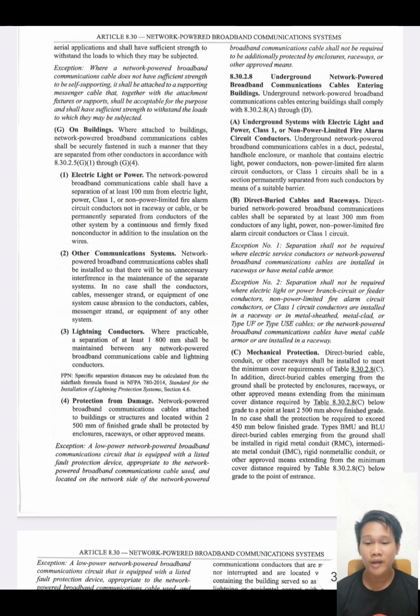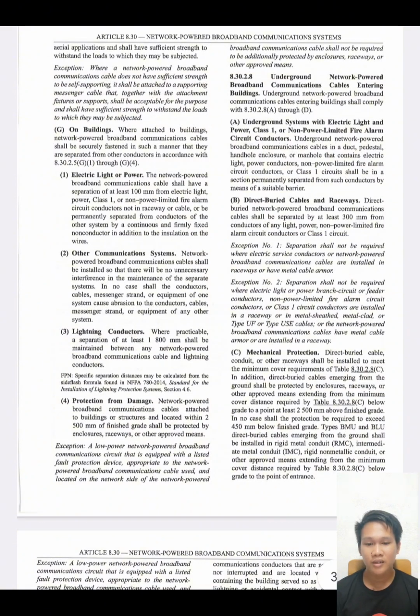So first, we have electric light or power. The network-powered broadband communication cable shall have a separation of at least 100 mm from electric light, power, Class 1, or non-power limited fire alarm circuit conductors not in raceway or cable, or be permanently separated from conductors of the other system by a continuous and firmly fixed non-conductor in addition to the insulation on the wires.